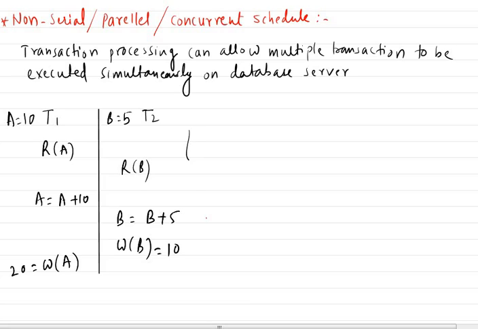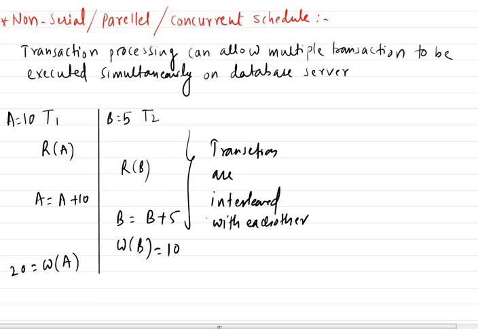In this execution, transactions are interleaved with each other, and because of interleaving or parallel transactions, the waiting time between two transactions will reduce.